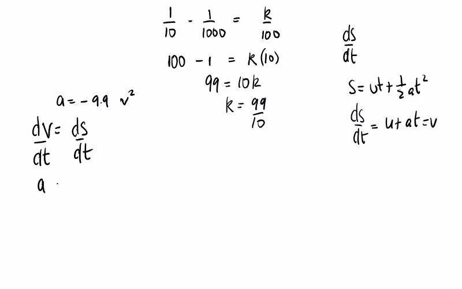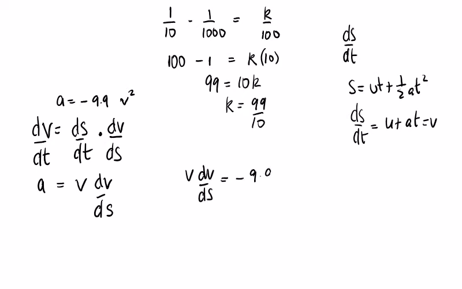So my a is equal to v times, just so we can get a ds in here. To keep my dv on top, I have to get rid of the t. So you can see here, acceleration is v dv/ds. So we can set that up now. v dv/ds is equal to minus 9.9 v squared.